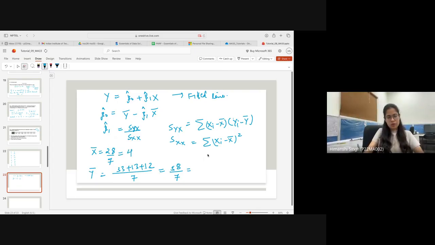X bar will be 4 and y bar 8.2 approximately.